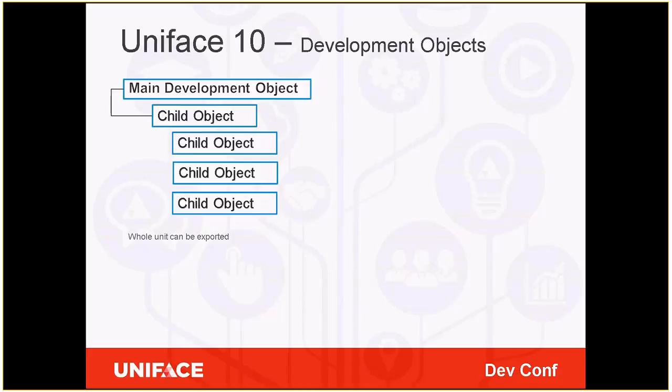So in Uniface 10, we have the concept of development objects. That's a fancy way of saying we've got an object that has children. The unique characteristic of that is that the entire unit can be exported. So if we're talking about a project, which is also a new container within Uniface 10, projects have components.